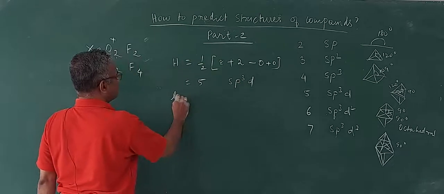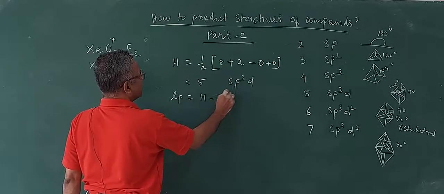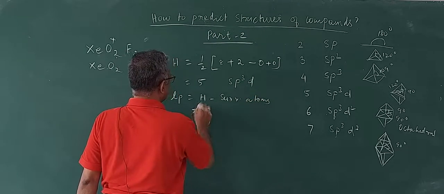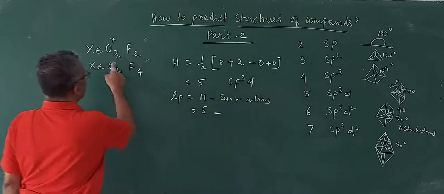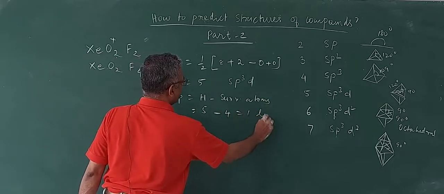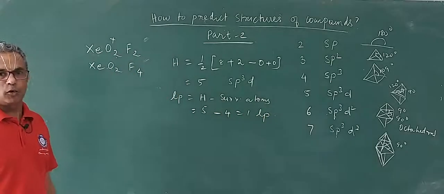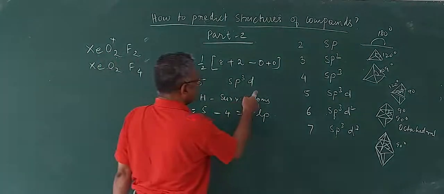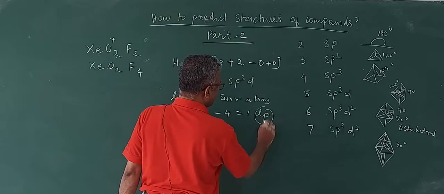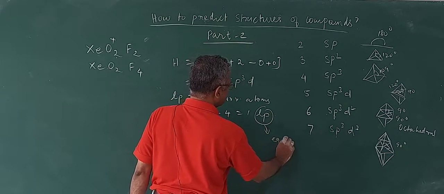Then the number of lone pairs will be hybridization minus surrounding atoms. Hybridization is 5. Surrounding atoms: 2 plus 2, 4. With 4 surrounding atoms, you will have 1 lone pair. Now in sp3d, that is trigonal bipyramidal, the lone pair will occupy the equatorial position.